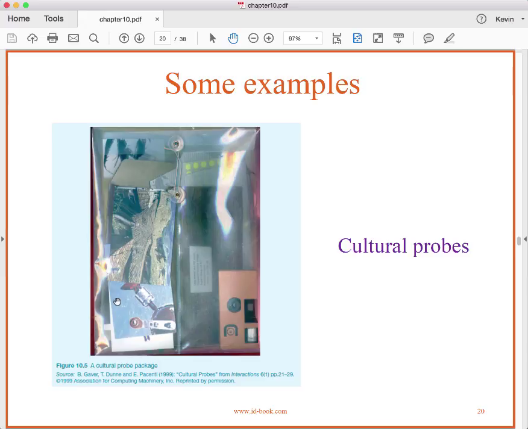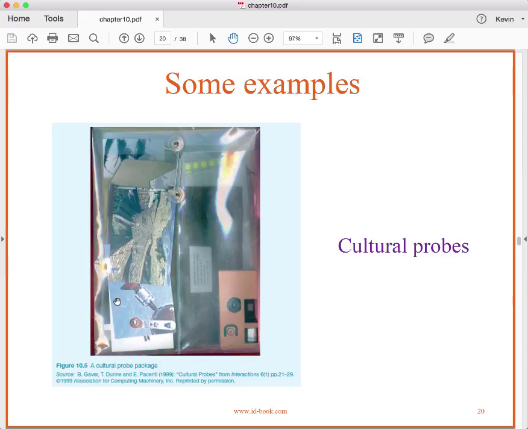A technique that they described in the text that is represented by the slide here is a cultural probe. And it's a really cool idea. You gather data by creating some kind of something for your population to interact with.